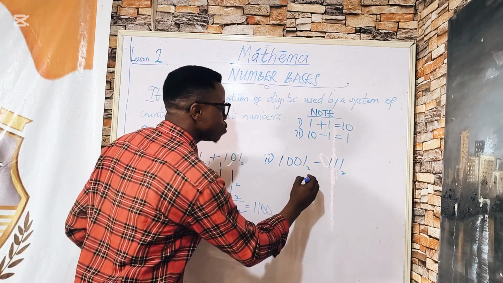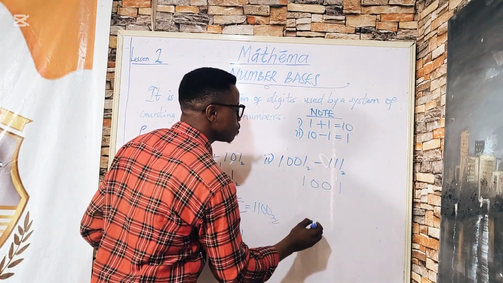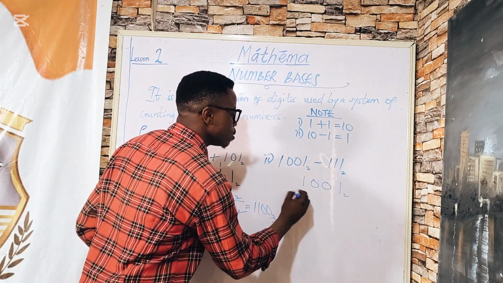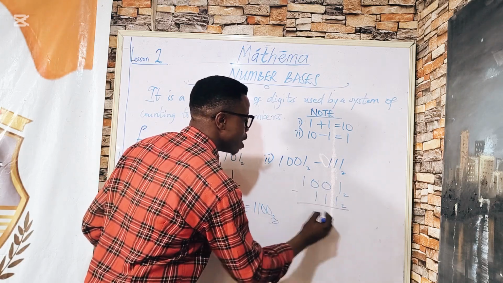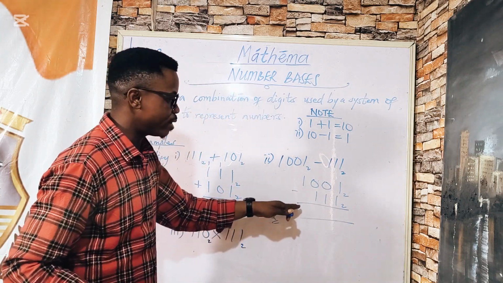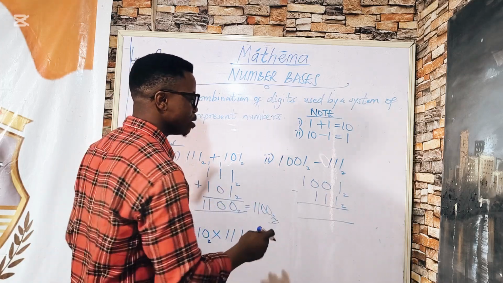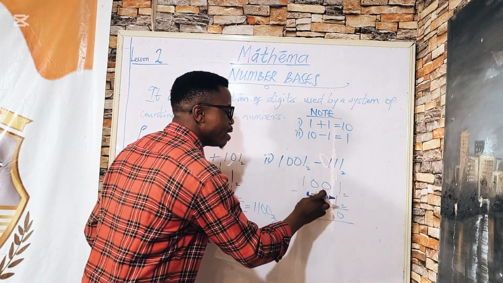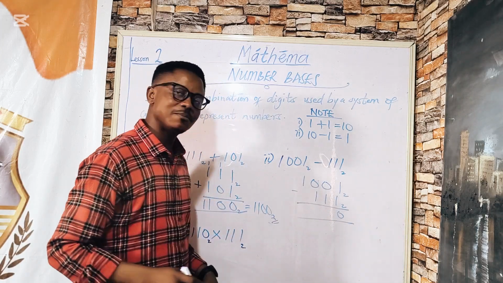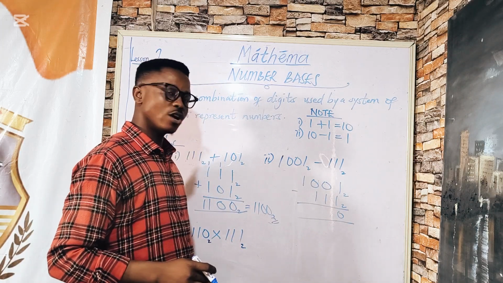The next question says 1001 in base 2 subtract 111 in base 2 as well. So when we have our numbers written like this, we start. 1 minus 1 is 0. 0 minus 1, we know that mathematically that is not possible.